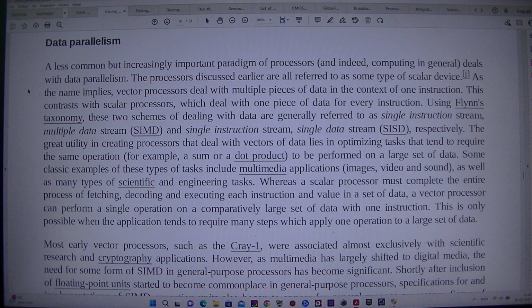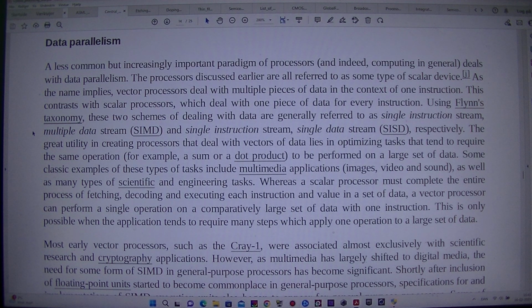This contrasts with scalar processors, which deal with one piece of data for every instruction. Using Flynn's taxonomy, these two schemes are generally referred to as single instruction stream, multiple data stream, SIMD, and single instruction stream, single data stream, SISD, respectively.